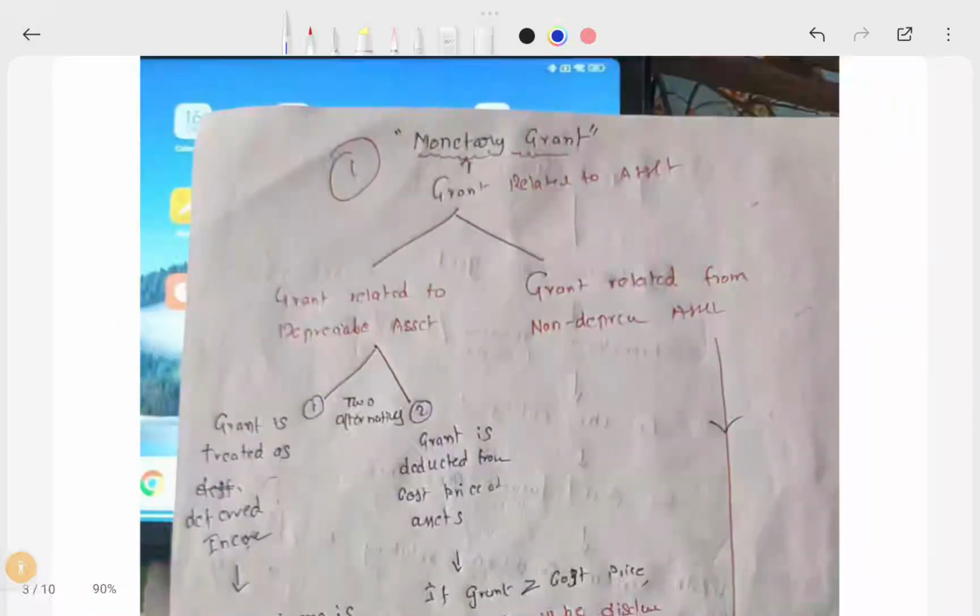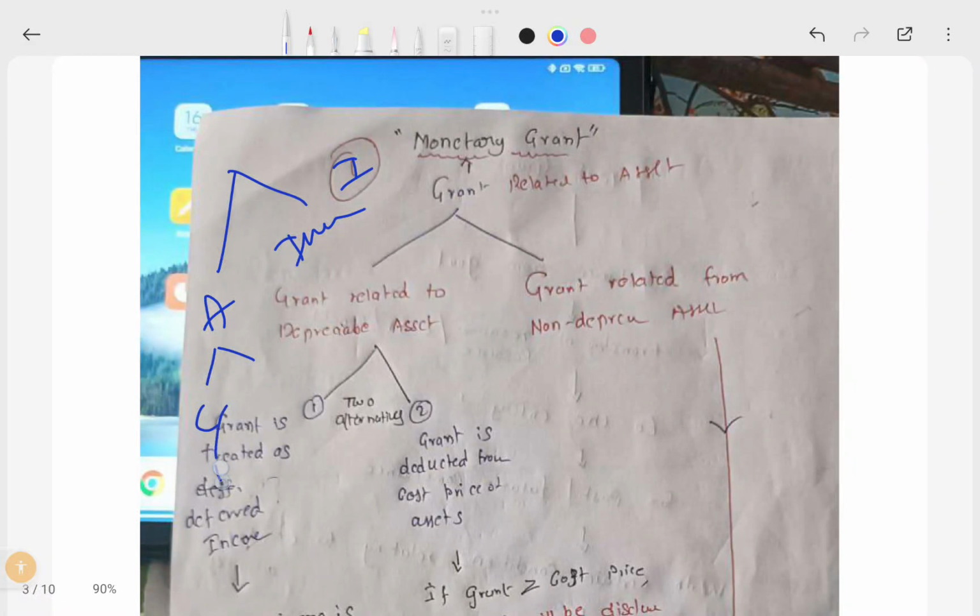First of all we divide these into grants related to assets and income, and whether cash or non-cash, in kind, depreciable or non-depreciable assets.